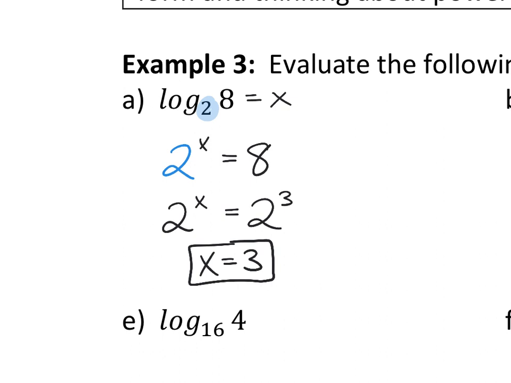So what I want you to do in these problems is take this number that it's equal to, your evaluated number, and rewrite it as a base that matches the exponent side. 8 can be written as 2 to the 3rd power. Therefore, x is equal to 3. So log base 2 of 8 is 3. We've evaluated the logarithm.